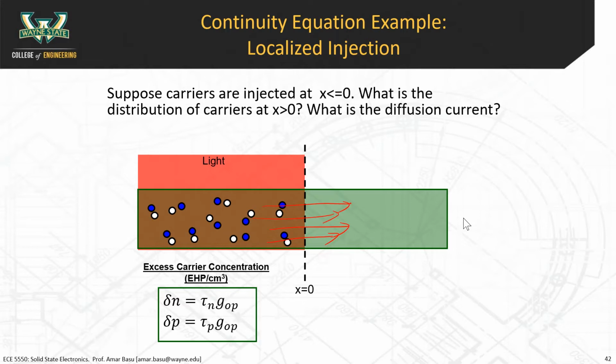Well, let me ask you another question. If there's no light in the material, is there generation? It turns out there is. The only way to turn generation off completely is if you go to absolute zero. So at room temperature, there's still some generation processes happening, but it's extremely small.